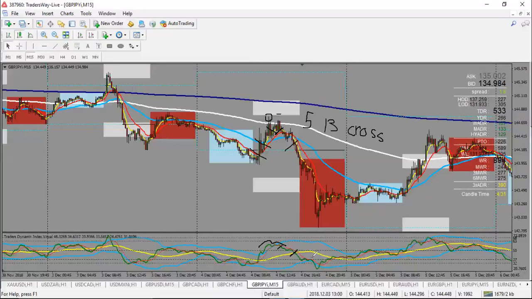Then we had price break outside the volatility band, which would probably be somewhere around this candle, or it could have even been this candle right here. Already from here to here, it was giving you more than 100 pips if you took it right here.